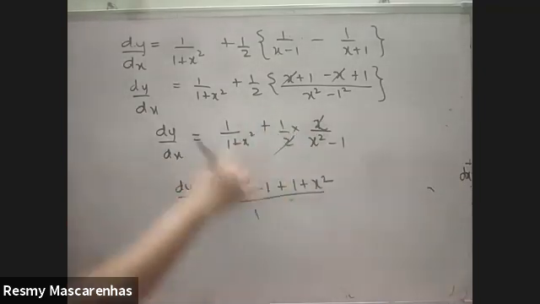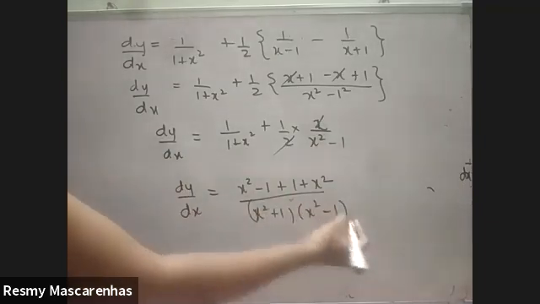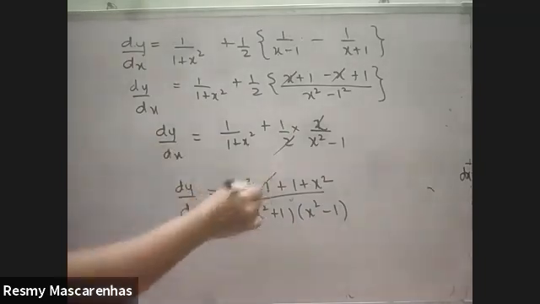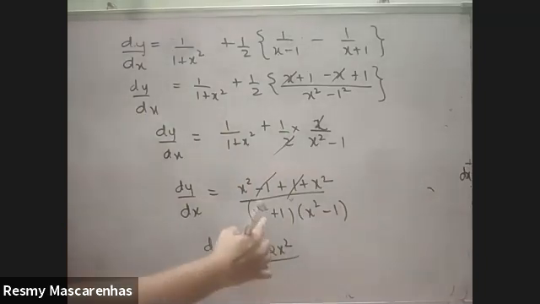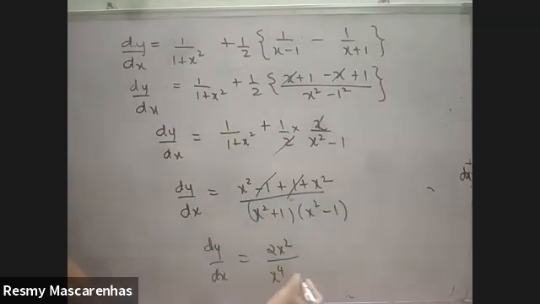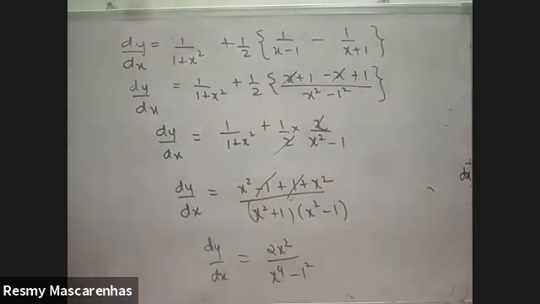Then instead of writing 1 plus x square, write it as x square plus 1. So what you will get? dy by dx will be 2x square upon, again a plus b into a minus b will be a square minus b square. A square means x square, the whole square will become x raised to 4.